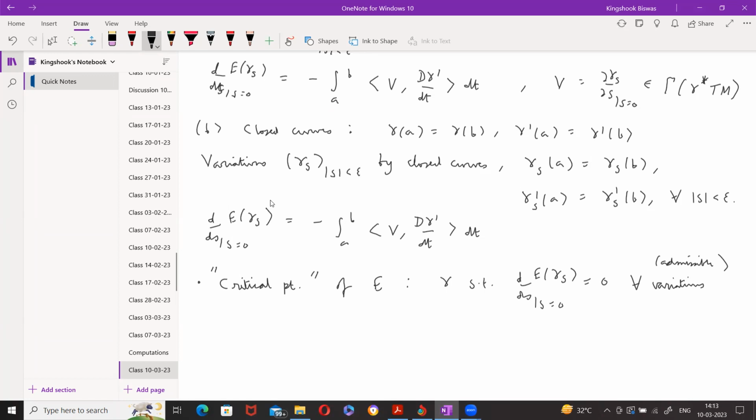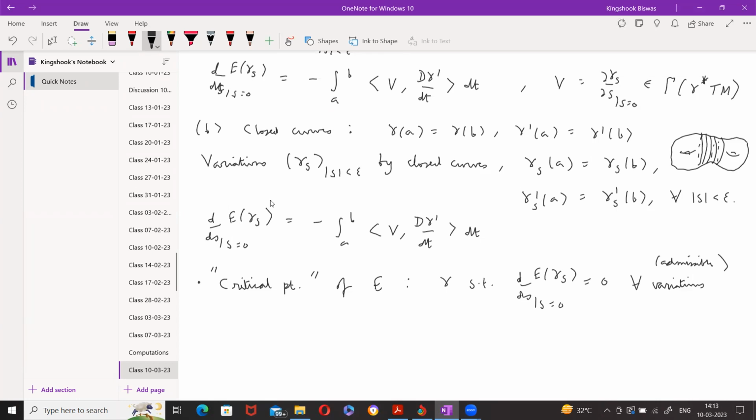I should have drawn a picture. In the second case, you're looking at something like this. You have a closed curve, and then you're doing basically a free homotopy by closed curves. So these are the curves in your variation, and they're all closed curves. This is the second case.